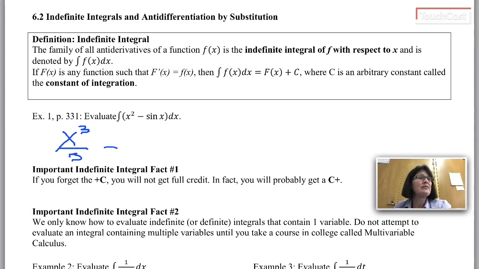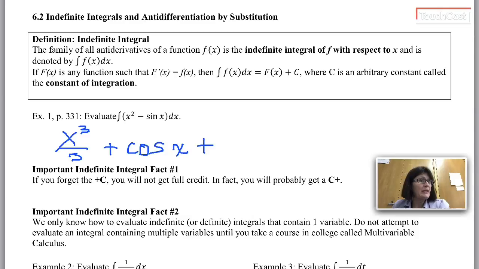So the antiderivative of sine x, what should I take the derivative of if I want to get sine x as the answer? The derivative of cosine would be negative sine, so that tells me that my antiderivative of sine should be negative cosine, so I'll be subtracting negative cosine, so this is plus cosine of x.